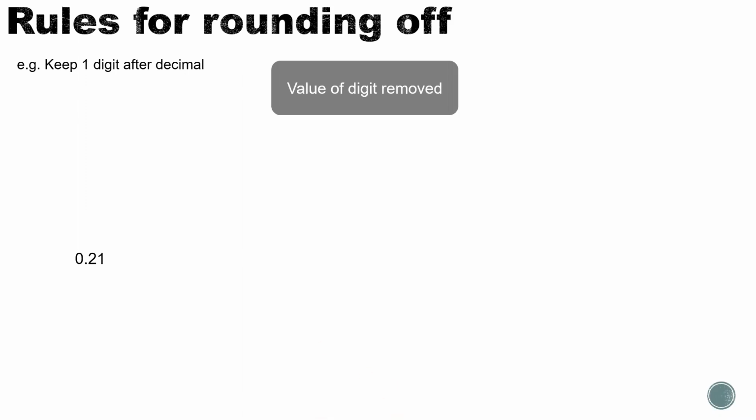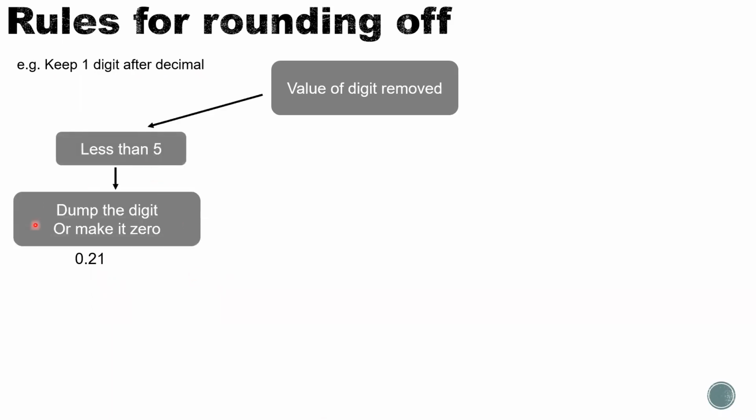For example, here we want to keep one digit after decimal. We start with the number 0.21. We need to decide the digit value of the digits removed. If we want to keep one digit after decimal, we look at the second digit after decimal. In this case, this is 1. 1 is less than 5, so we dump the digit and round 0.21 to 0.2.